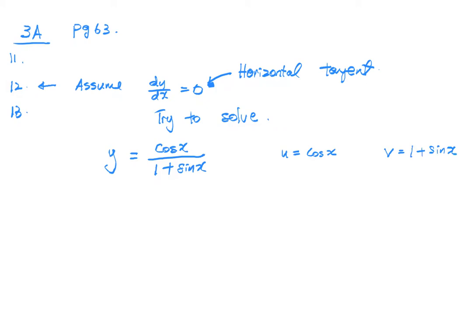Any question like that, assume there is, then solve. So u prime: the rate of change of cos is negative sin. The rate of change of sin is cos.